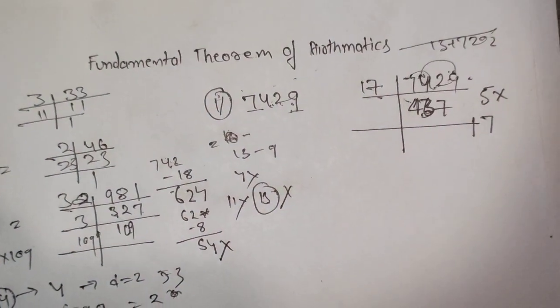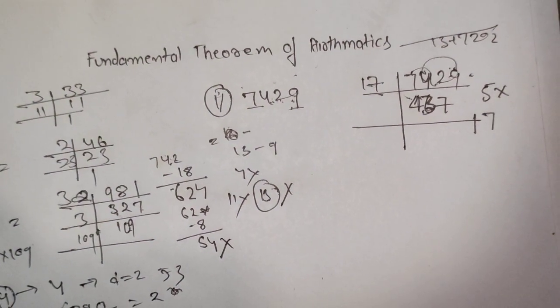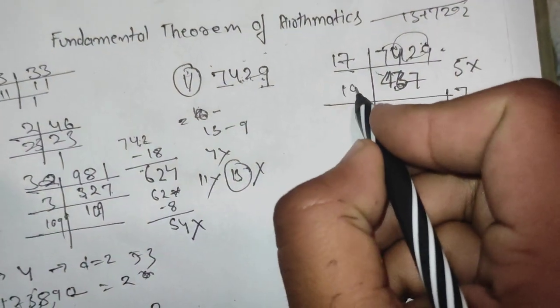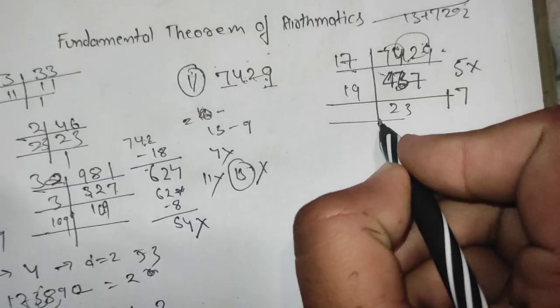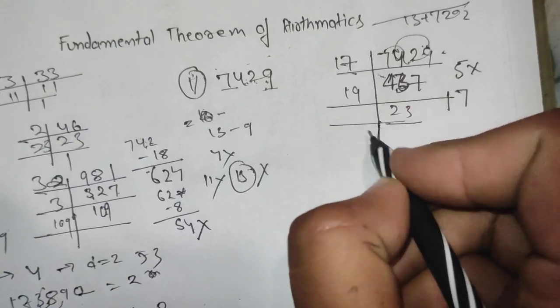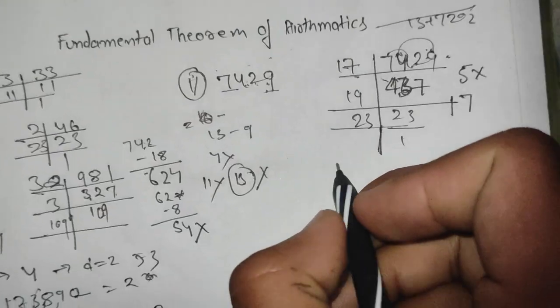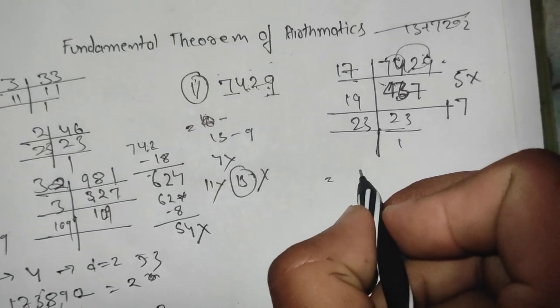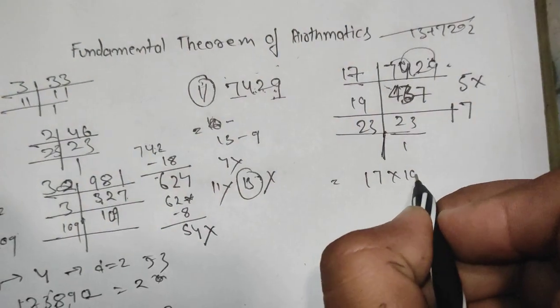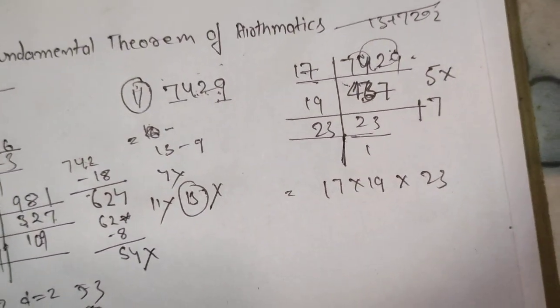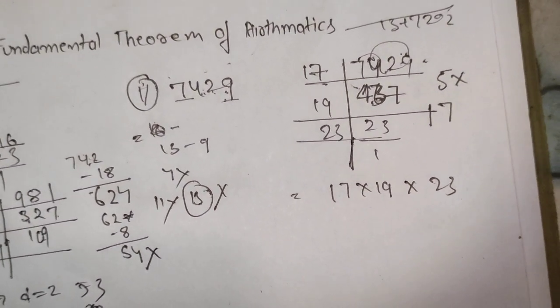Similarly it is for 19 and 23. I am using this because I solved this question before. So the answer is 17, 19 and 23. So these are all the questions from it.